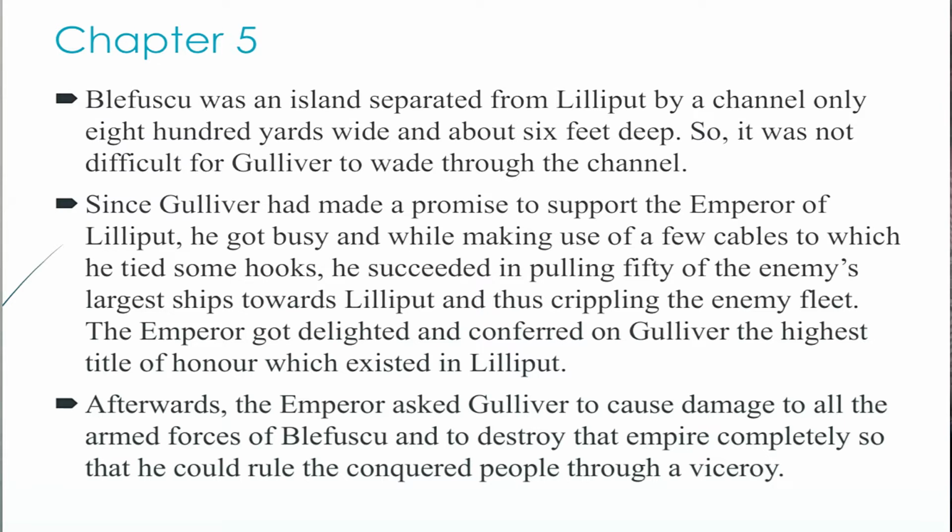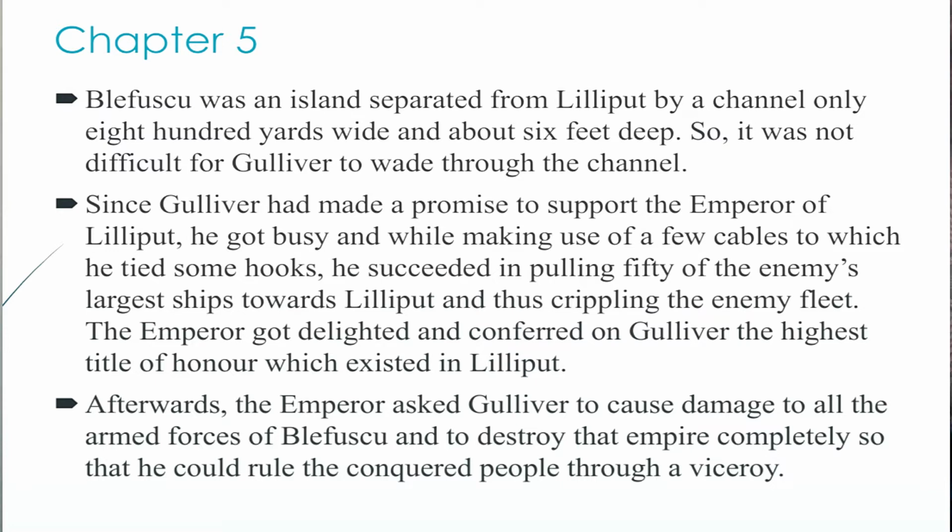Since Gulliver had made a promise to support the Emperor of Lilliput, he got busy, and making use of a few cables to which he tied some hooks, he succeeded in pulling 50 of the enemy's largest ships towards Lilliput and thus crippling the enemy fleet.